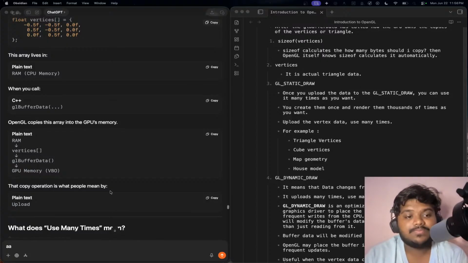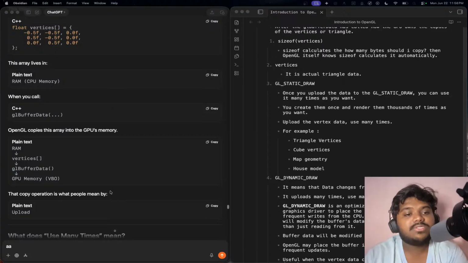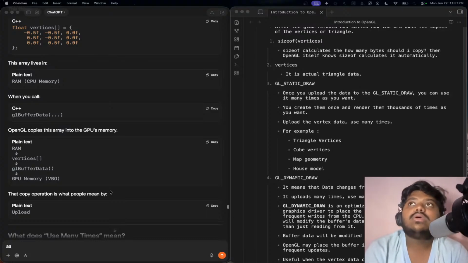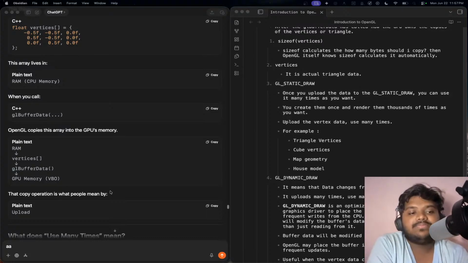Yeah. So OpenGL copies this array into the GPU's memory. So this array, you mean the vertex data.